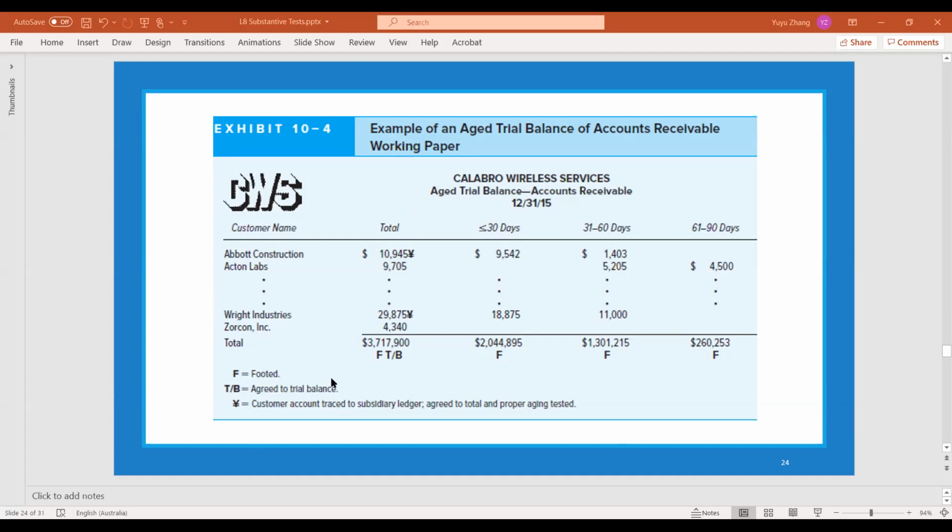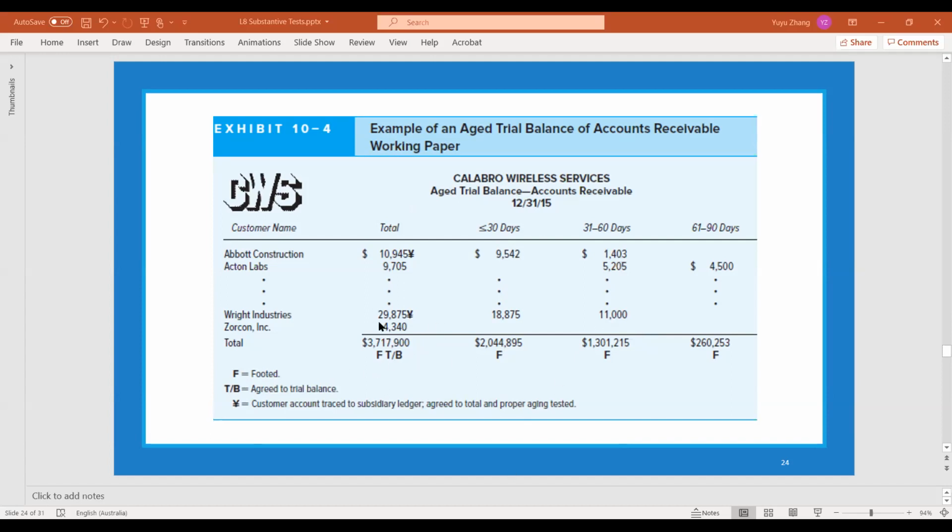So actually in practice, in auditing the sales, we often use the aged trial balance as the central document for us. We obtain the preliminary aged trial balance from the clients.